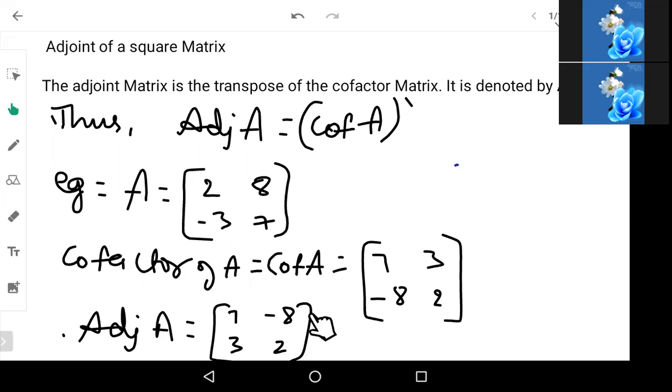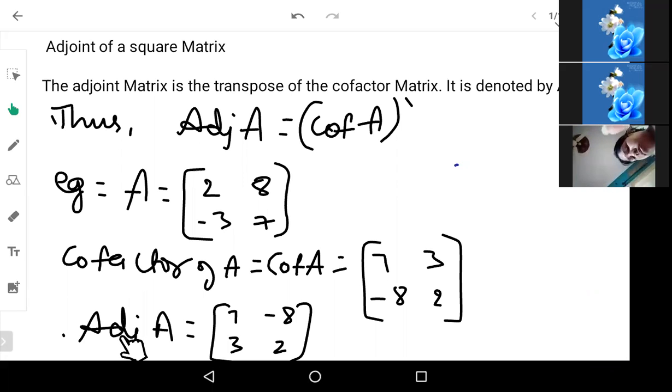So first you have to find the cofactor, and then if you find the transpose of the cofactor, that is called the adjoint of a square matrix. The square matrix can be 2 into 2 or 3 into 3 or so on. So that is the adjoint of a square matrix. Understood?